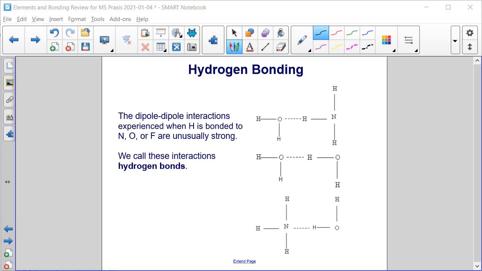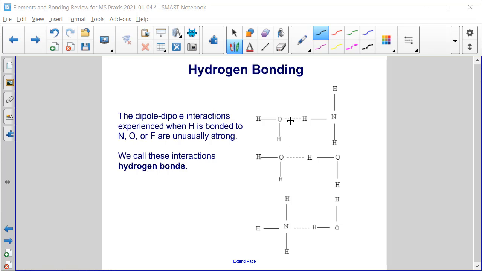What's happening is something known as hydrogen bonding. The dipole-dipole interactions experienced when hydrogen is bonded to nitrogen, oxygen, and fluorine are much, much stronger than a traditional dipole. And we call these interactions hydrogen bonds. So in this case, we have a nitrogen bonded to a hydrogen and an oxygen bonded to a hydrogen.